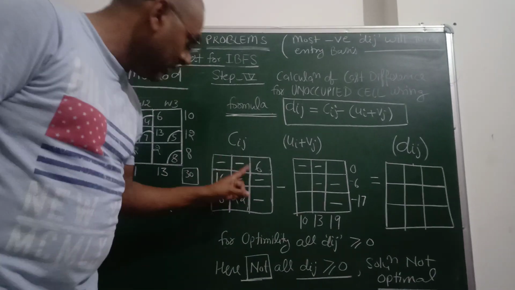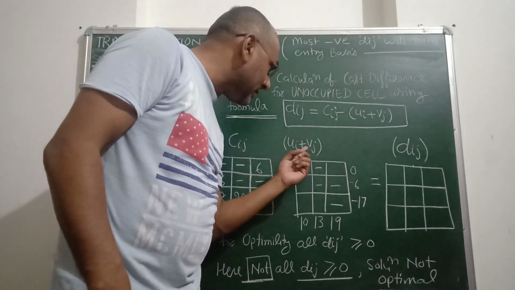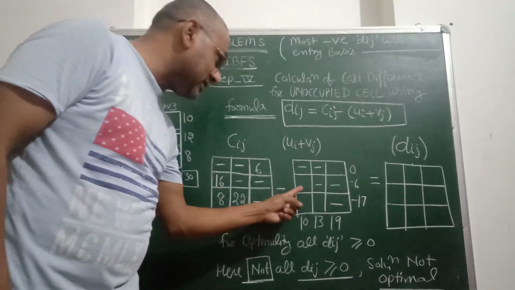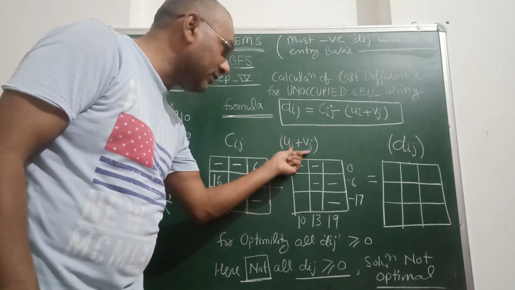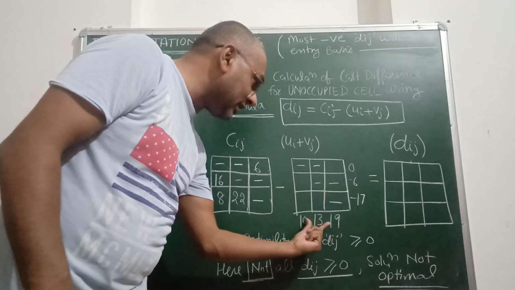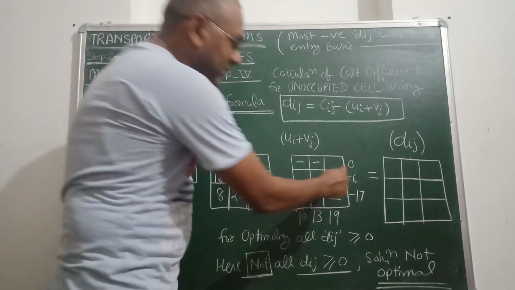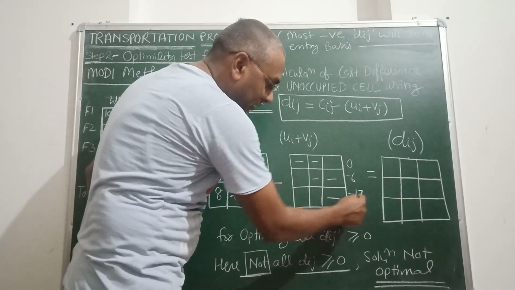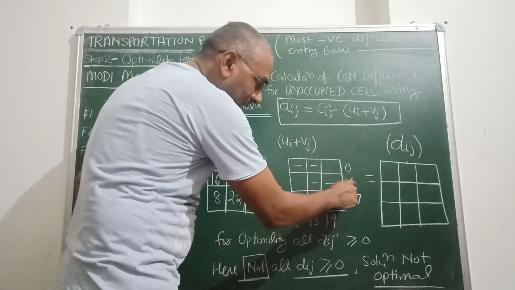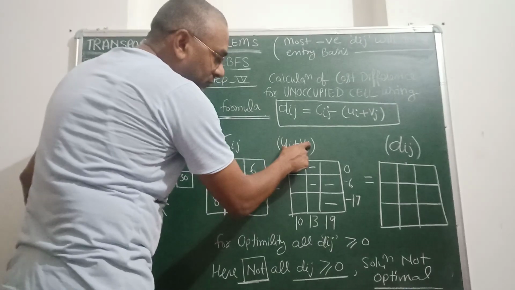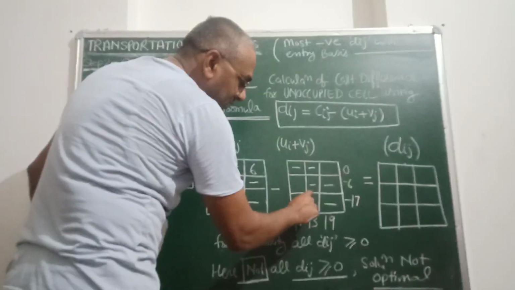Similarly, we have to find the value of ui plus vj for these unoccupied cells using the values of ui and vj which have been found in the previous step. So these are the values of u1, u2, u3 and v1, v2, v3. Now we will use these values in this formula and find the values for these unallocated cells.